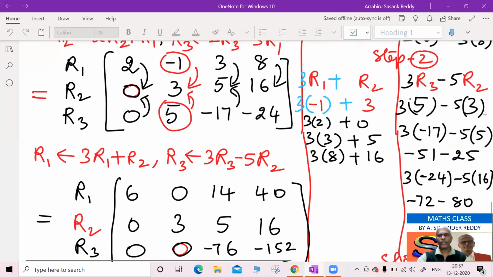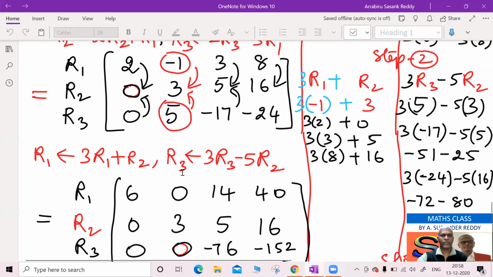So 5 and 3. First make them equal. Just cross multiply. You multiply 5 with 3 and 3 with 5. So they become equal, 3, 5, 5, 3. And subtract, you get 0. So 3R3 minus 5R2 is the transformation.